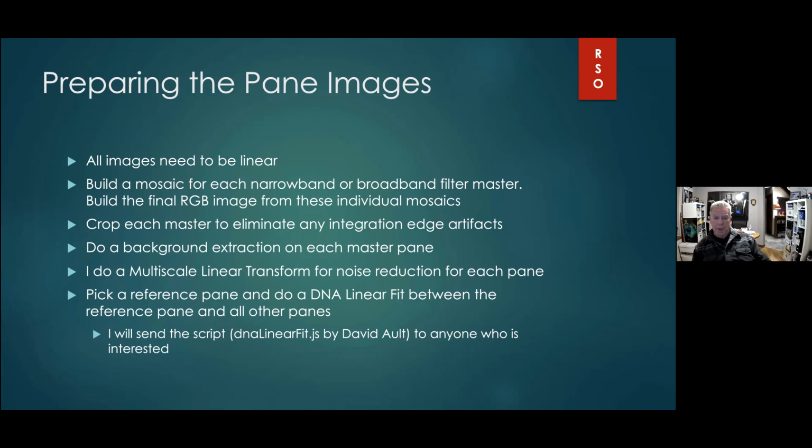I tried making the individual RGBs first, and it just didn't turn out very well. I'm not sure, because I don't have any experience with one-shot color, but building the mosaics from each of the filter masters, and then building the RGB from the 3 mosaics, turns out to be the best approach, at least from my experience.